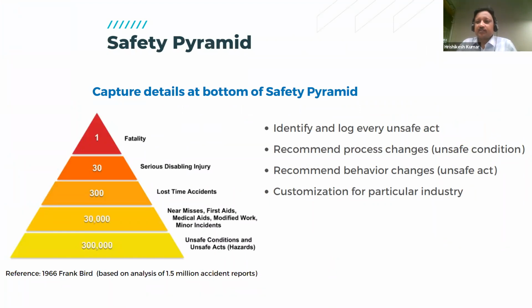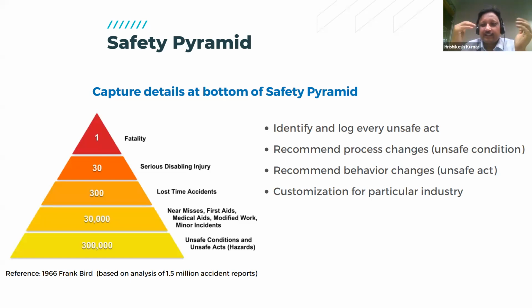The other thing is to understand the overall safety pyramid, right? Each major accident has tons of minor accidents which are getting ignored, or people simply overlook them, saying that it will not lead to something.